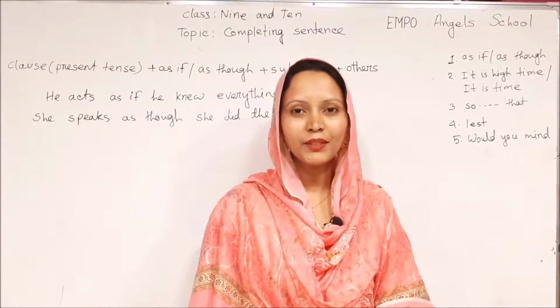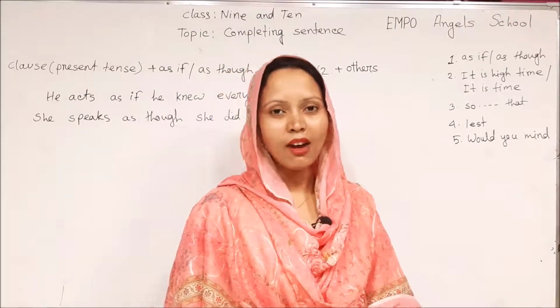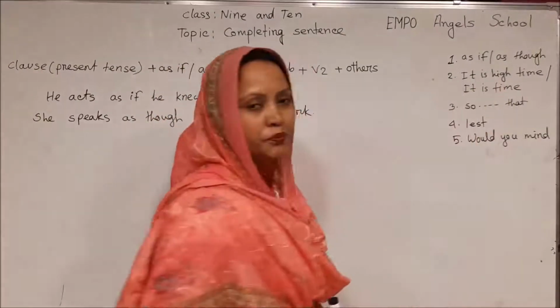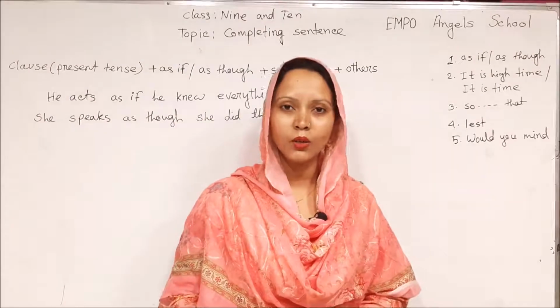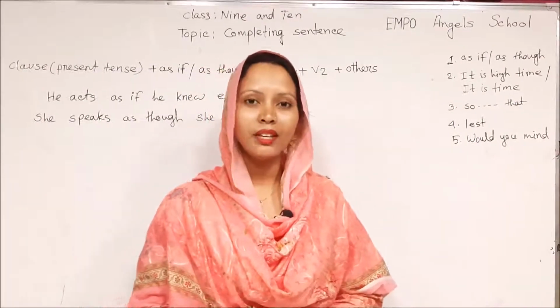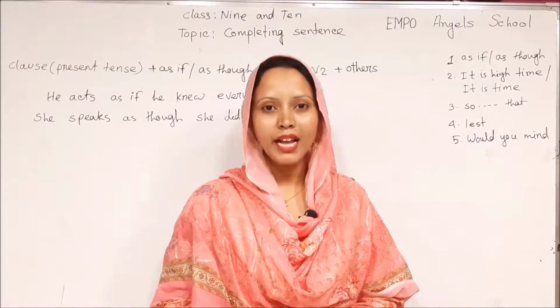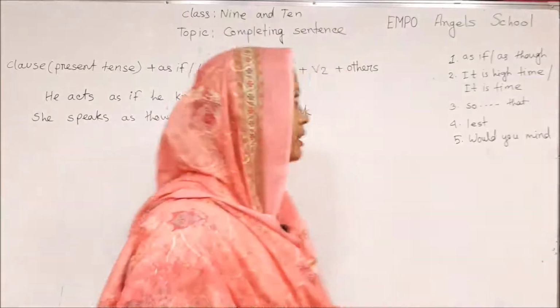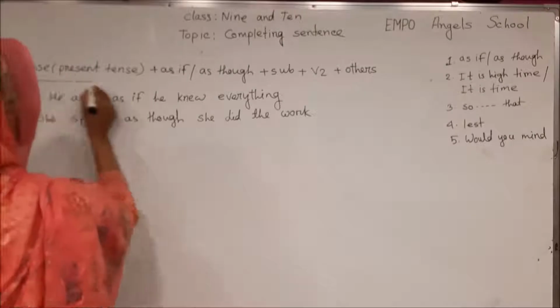Dear students, today our first rule is as if or as though. If we have a clause with as if or as though, then we have to complete the sentence following these rules.